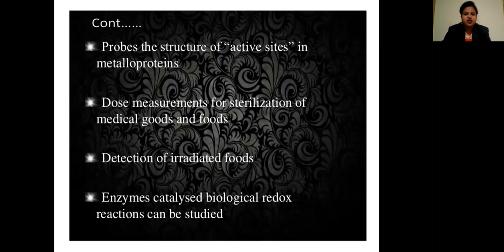It probes the structure of active sites in metalloproteins. In medicinal field, it is used for dose measurement for sterilization of medical goods and foods. In the food industries, for the detection of irradiated foods, this ESR spectroscopy is applicable.